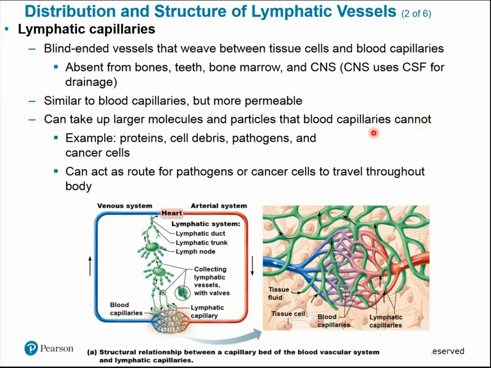So things like proteins, cells, pathogens. But this also means that they can serve as a route for these pathogens or cancer cells to travel throughout the body. So when you hear of a cancer that has metastasized, that's generally meaning that it's entered into the lymphatic system and traveled to different locations throughout the body.